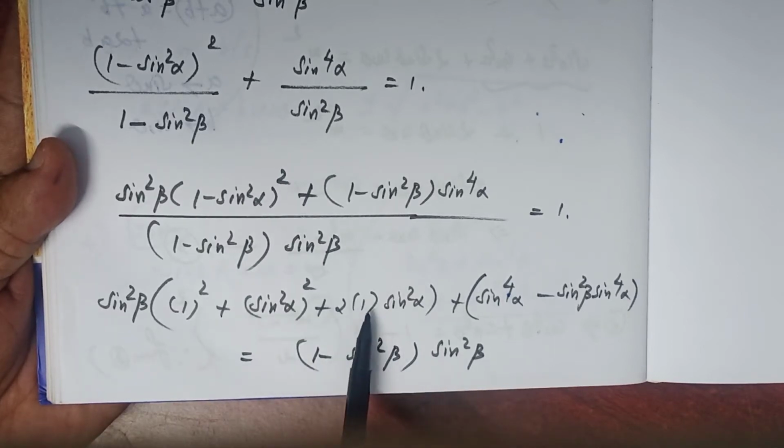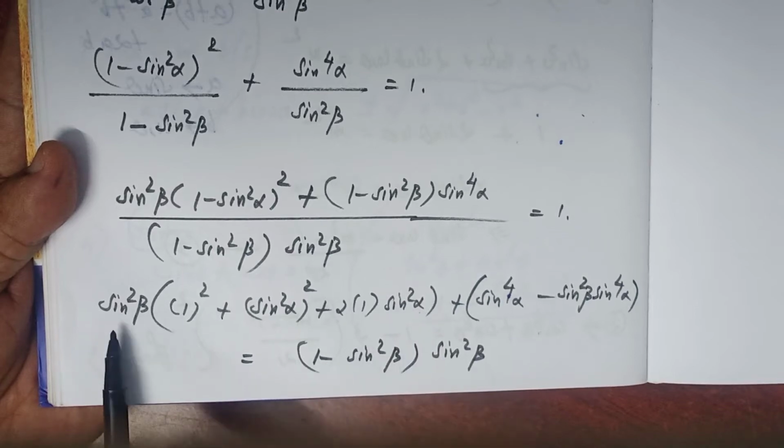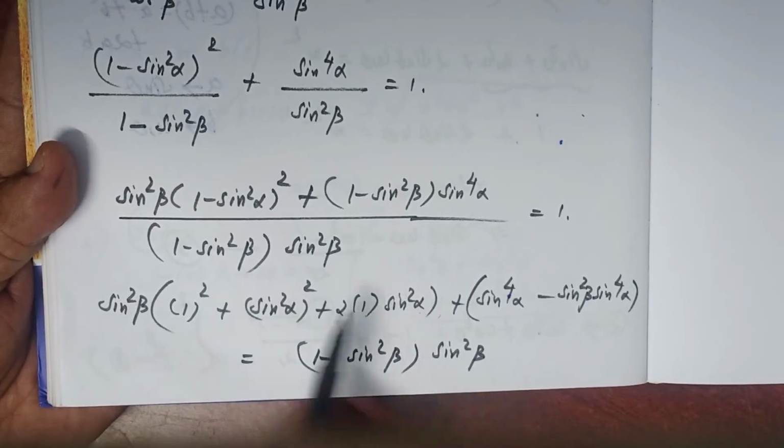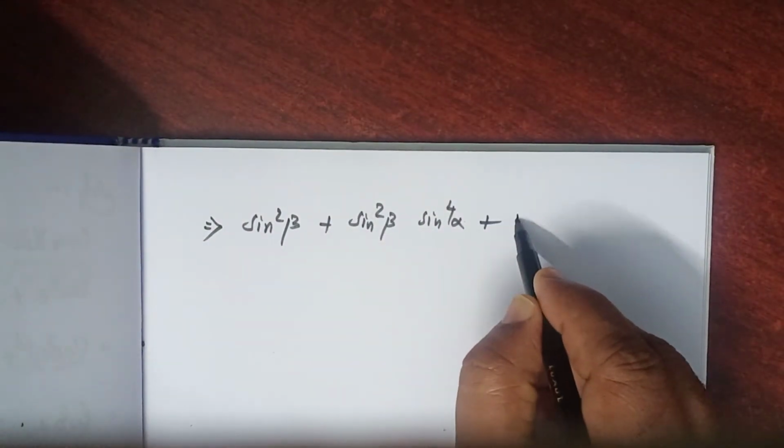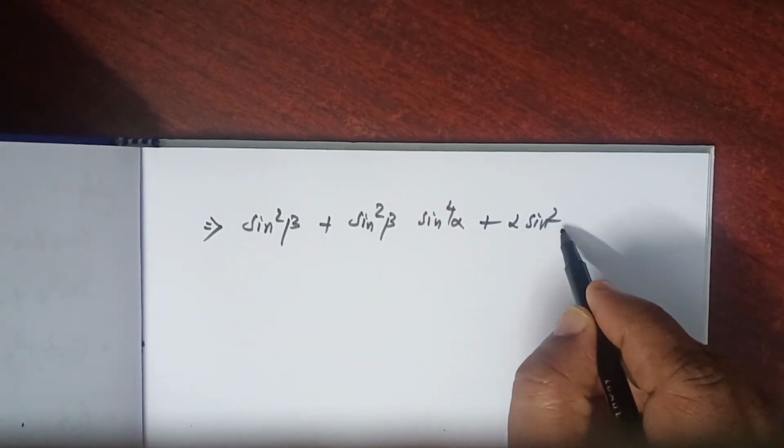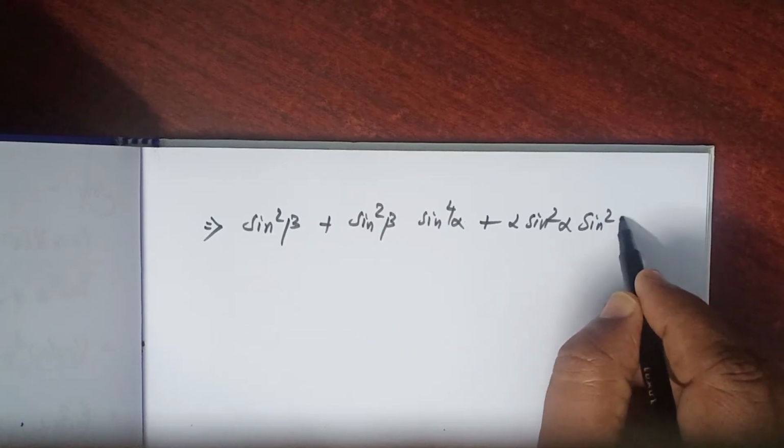Here 2 into 1, 2 sin squared alpha, sin squared beta. If you multiply these two, you will be getting 2 sin squared alpha, sin squared beta plus 2 sin squared alpha, sin squared beta.